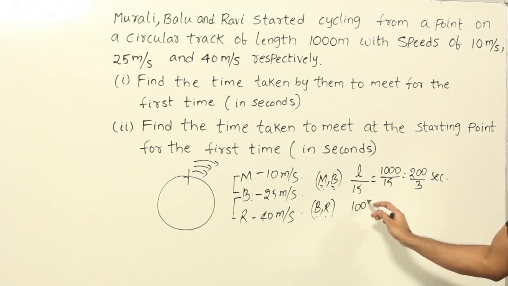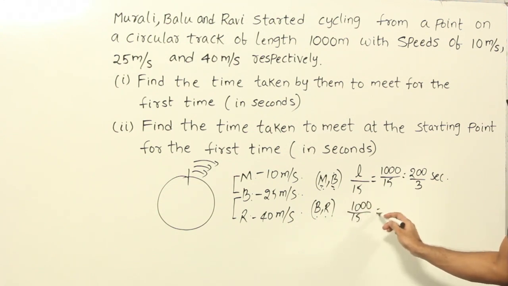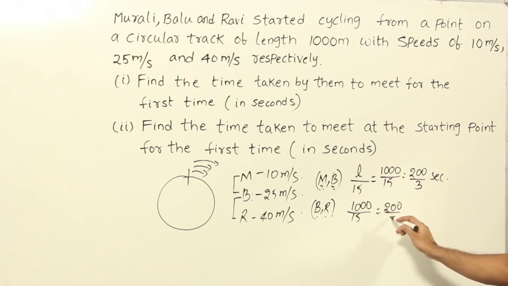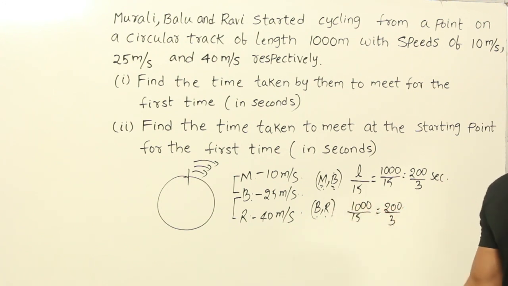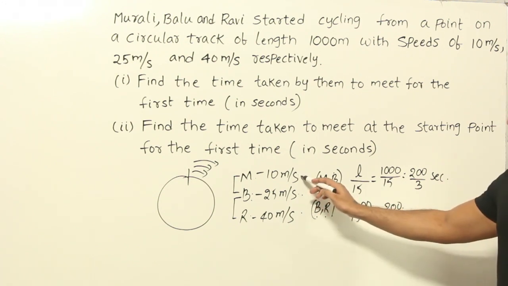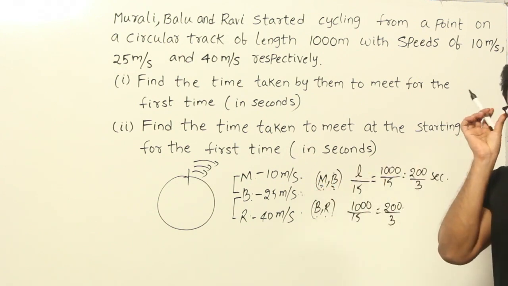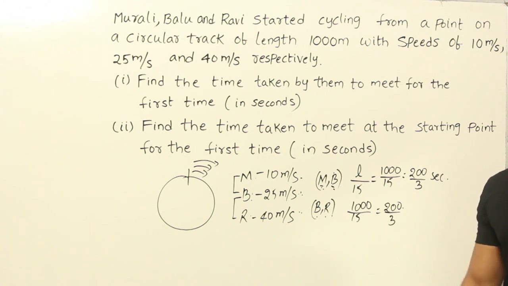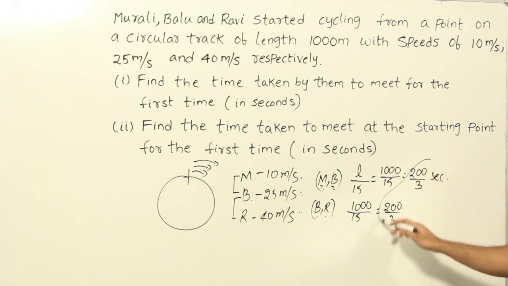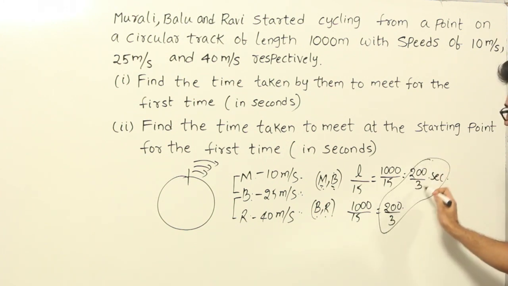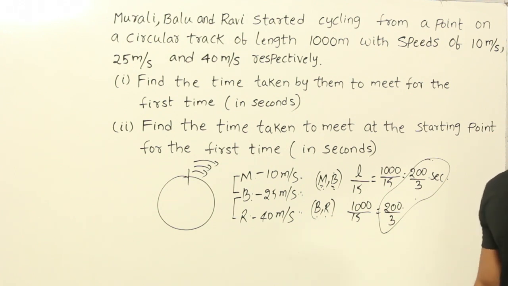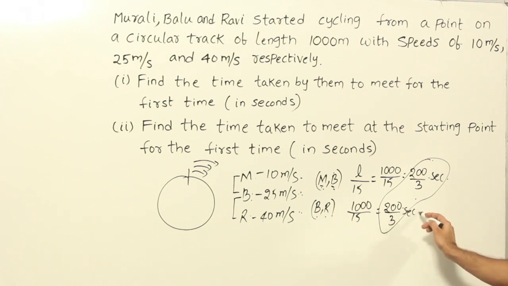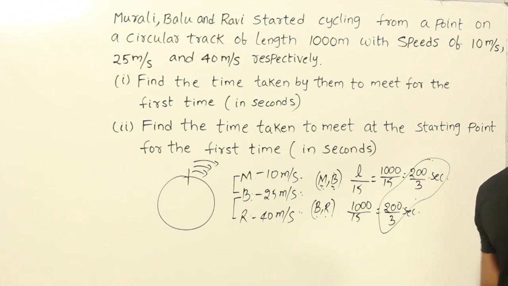So it is going to be 1000 divided by 15, which means 200 by 3. Now in this example, it so happened that by the time Murali and Balu are meeting, at the same time Balu and Ravi are also meeting, right? Therefore in this case all three are going to meet at a time of 200 divided by 3 seconds.